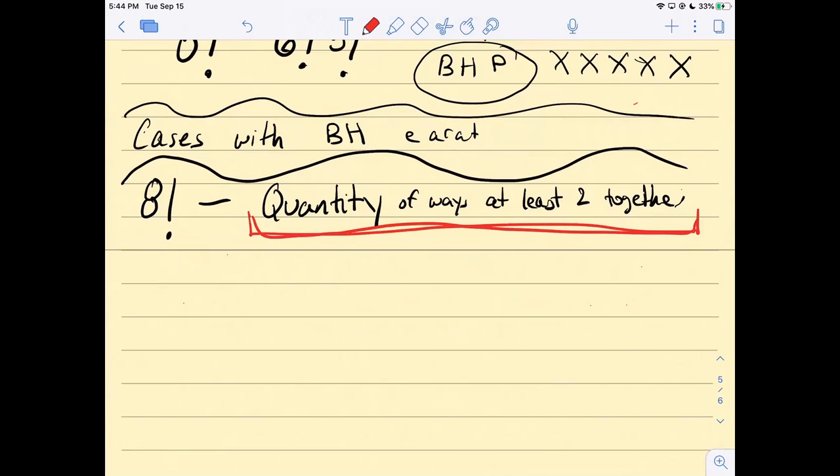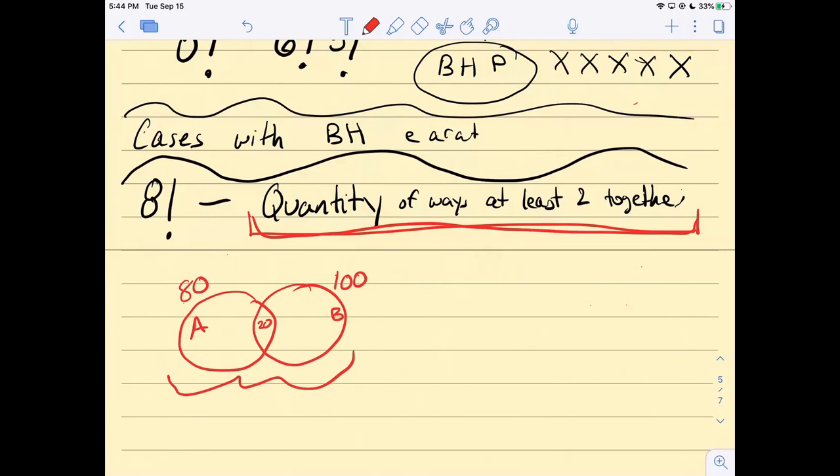Can you get this? The hint I'll give you is, if you ever have a Venn diagram, and I think you kind of alluded to this, with 80 in group A and let's say 100 in group B and 20 in the overlap, how many people are in there total?